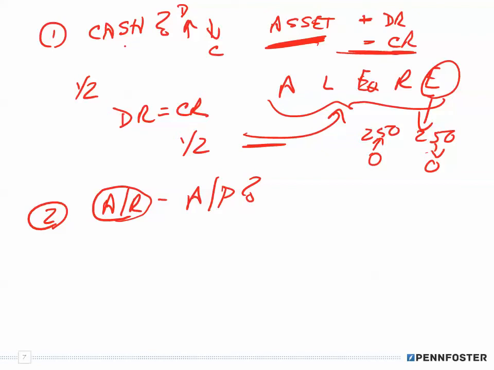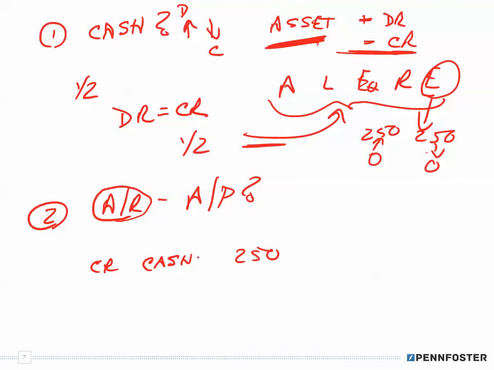But now let's say we have a transaction where someone is paying off an accounts receivable. The first question I'm going to ask is, does this affect cash? The answer is yes, and my cash is decreasing, so I'm going to credit my cash, let's say for 250.